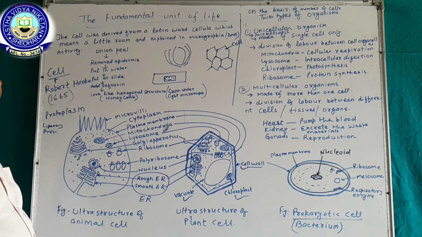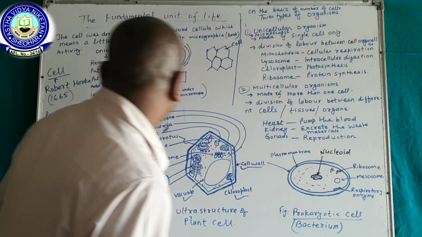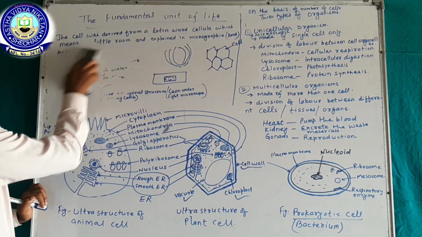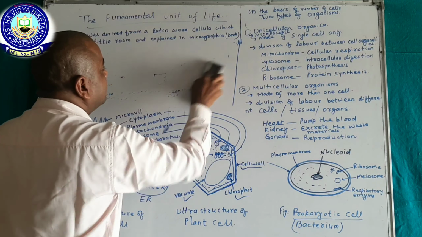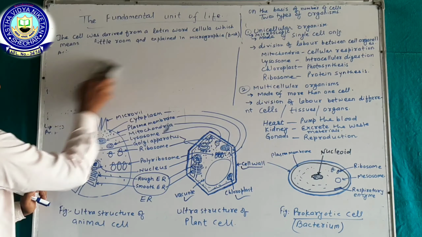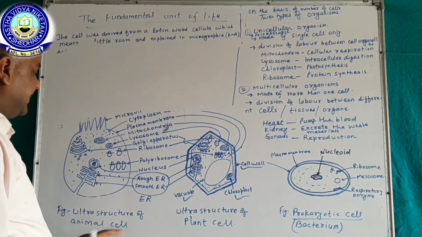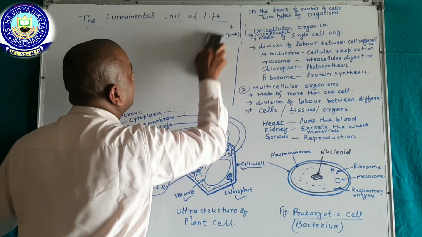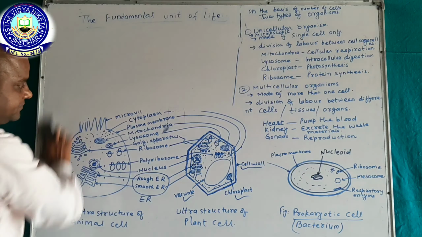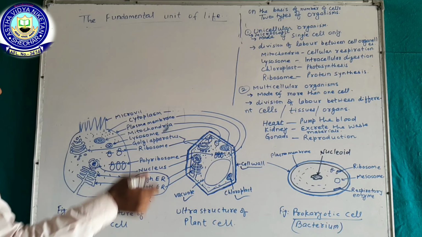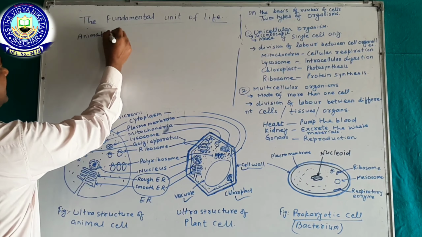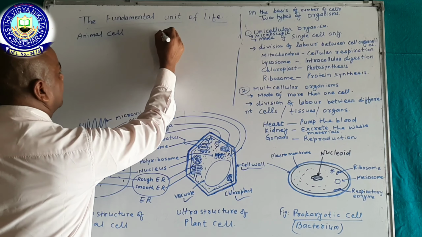Now we are going to see the differences between animal cell and plant cell. Then after, we come to prokaryotes and eukaryotes. Animal cell, plant cell.